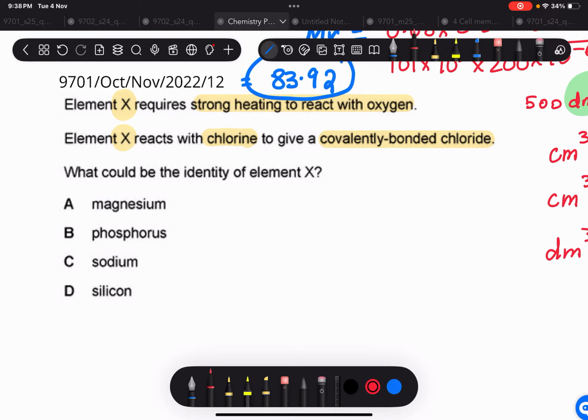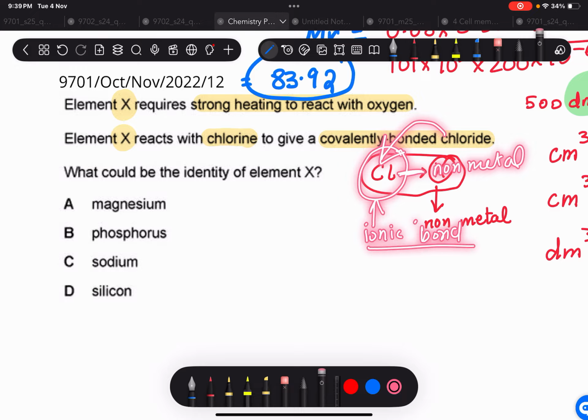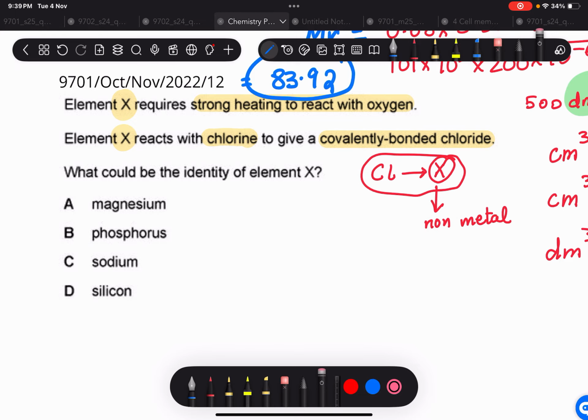So if you have a chloride that is covalently bonded to another atom, for instance X, you know one thing for sure: X is going to be a non-metal. How do you know? Because if X was a metal, chlorine would simply accept an electron and there would be an ionic bond between chlorine and the metal. So definitely X is a non-metal.